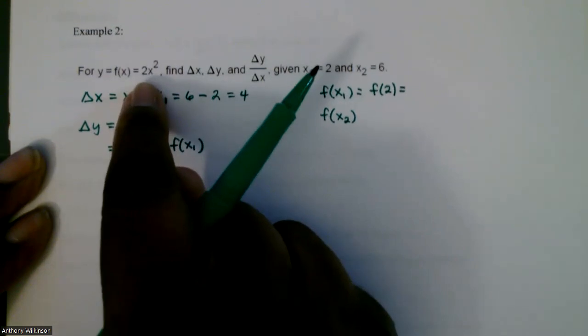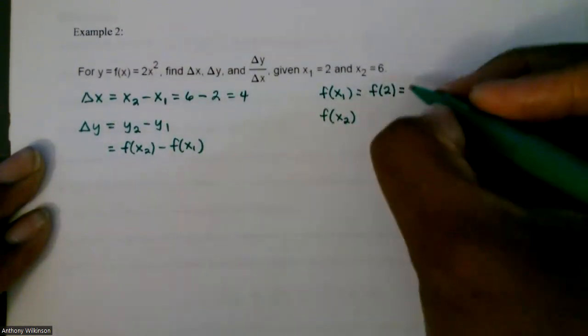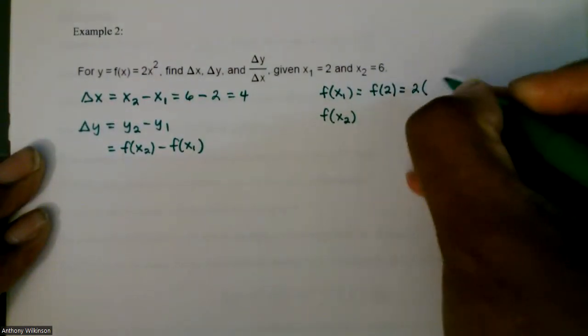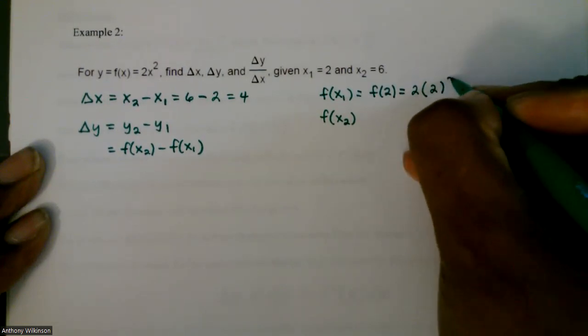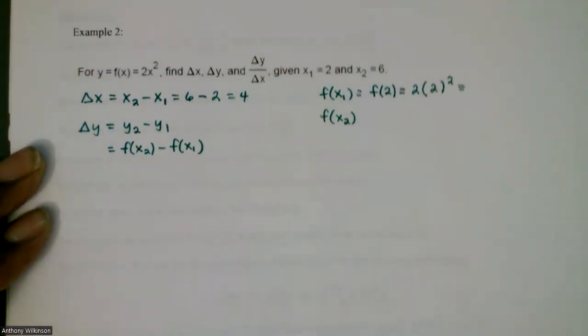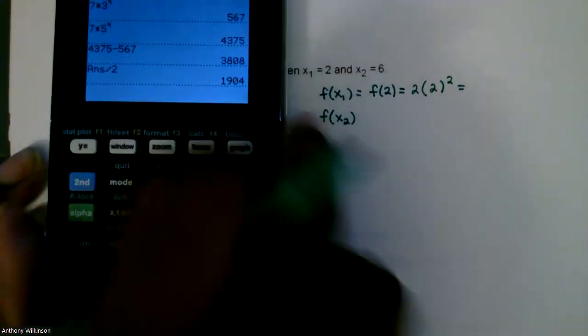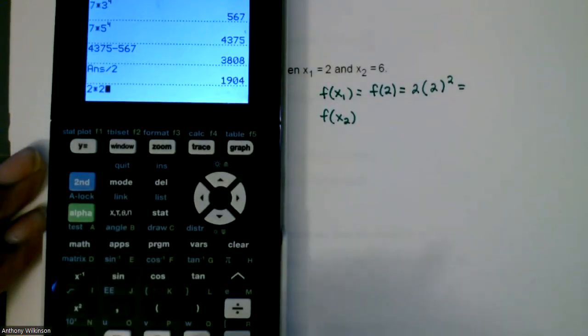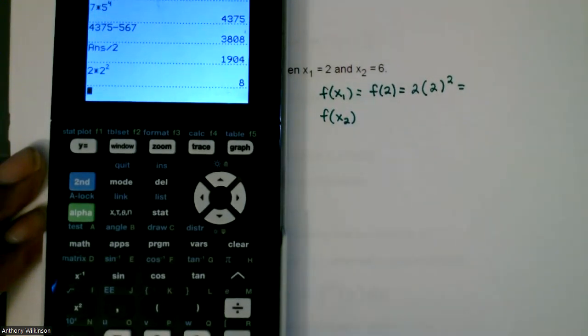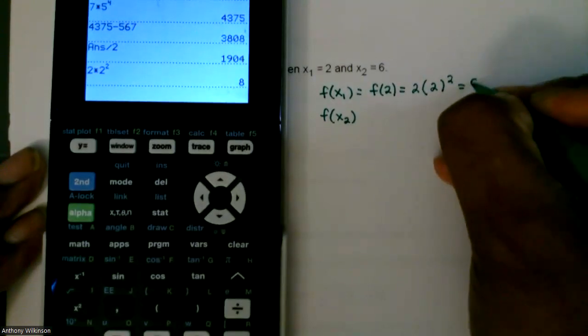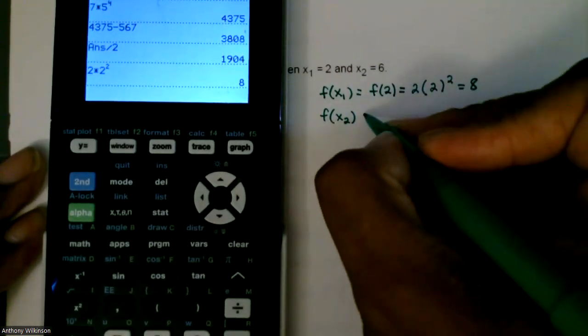And my f of x function is 2x squared. So we have to replace the x with 2. So it'll be 2 times 2 squared. So using the calculator, it will be 2 times 2, and then I'll press that x squared button to square it. Then hit enter. That would give me 8. So f of 2 ends up being 8.